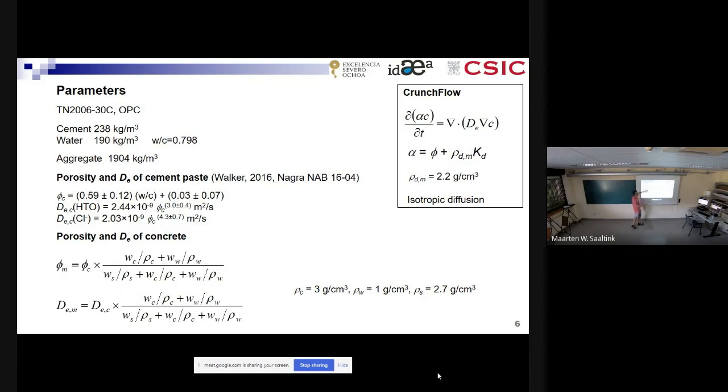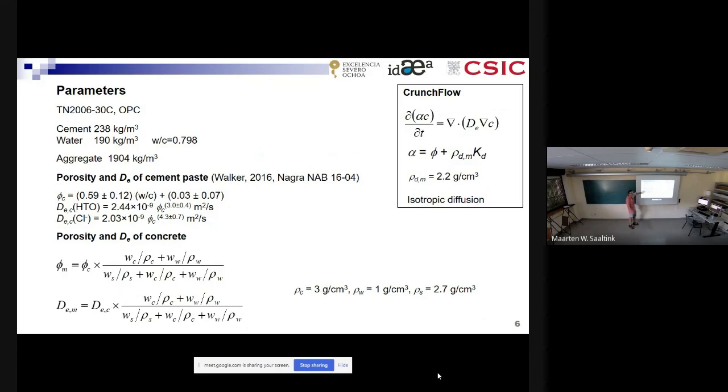That's the regression, and that's the regression for the diffusion coefficient. So it depends on porosity because porosity depends on water to cement ratio. Then in the model, the relationship between diffusion coefficient and porosity is linear.